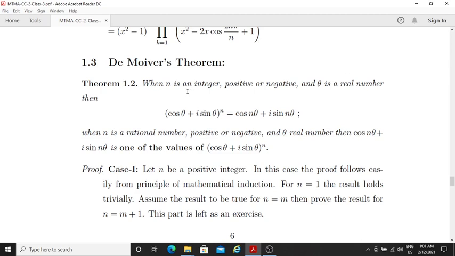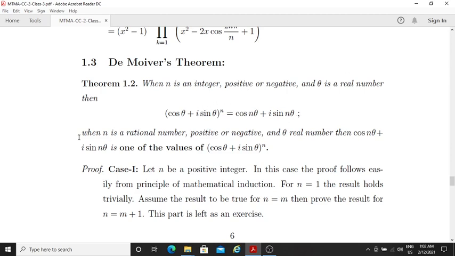The general form of De Moivre's theorem says: if n is an integer, positive or negative, irrespective of that, and theta a real number, then this complex number (cos theta plus i sin theta) to the power n will be this. If you remember, we have already used it in the last class, and now we will actually be proving it.